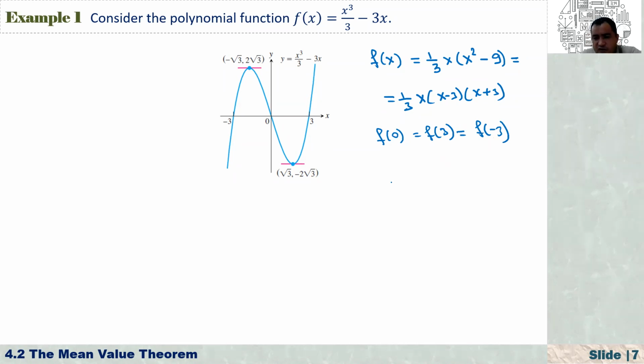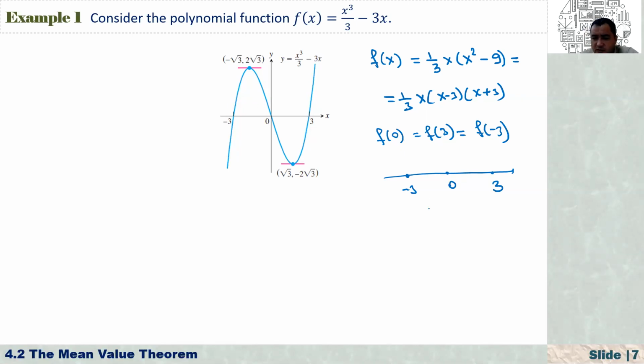And that means if I draw our number line, as in the picture, at negative 3 it is 0, at 0 it is 0, at 3 it is 0, right? And it is a polynomial function, which means that it is a continuous function, and at the same time it's differentiable at every point, right?